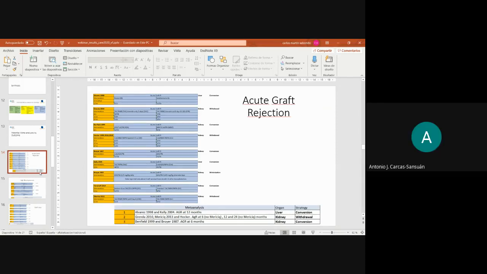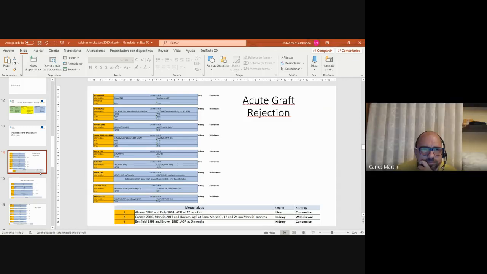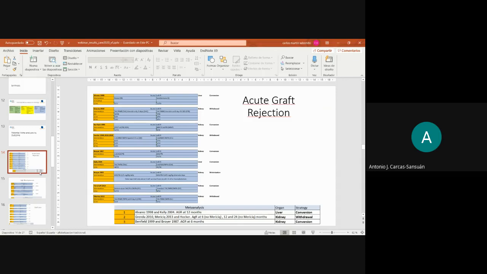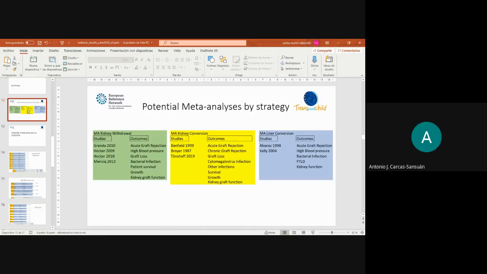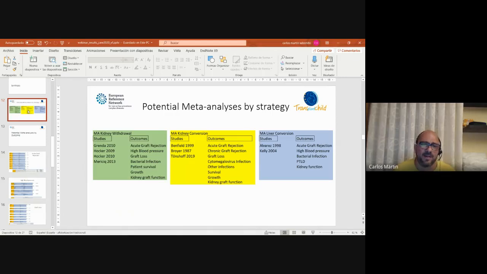The number of studies for each of these combinations at the end will be quite small, or maybe just one. Yeah, probably most of the meta-analyses will include 3 studies.